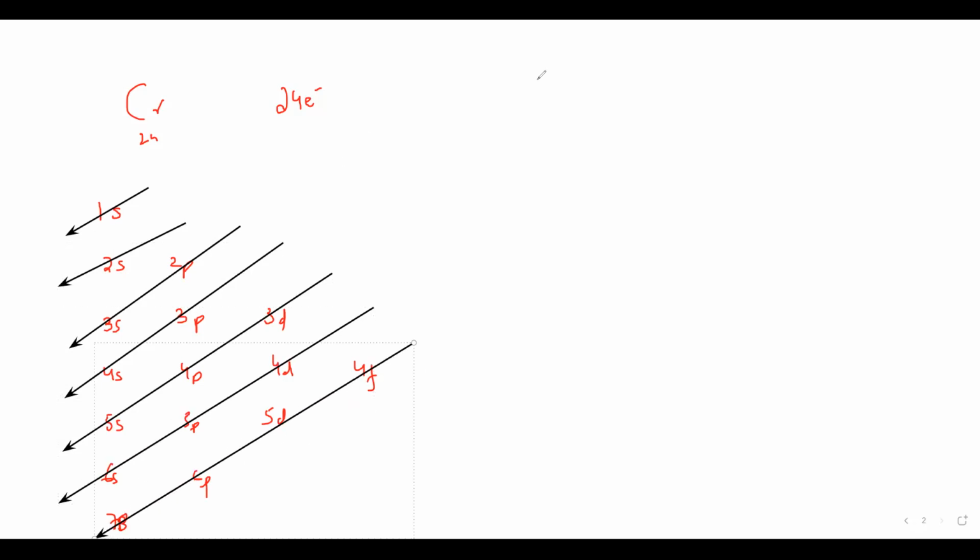Now the arrangement of the 24 electrons: it will be 1s2, 2s2, 2p6. So we have arranged 10. Then it will be 3s2, 3p6, 4s2, so we have arranged 20. And then it will be 3d4.